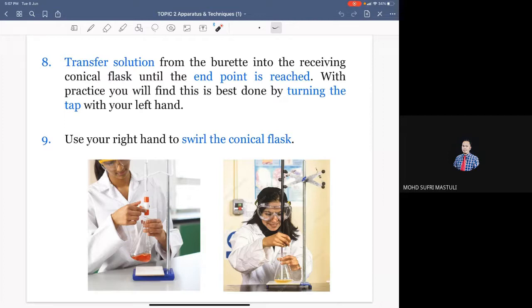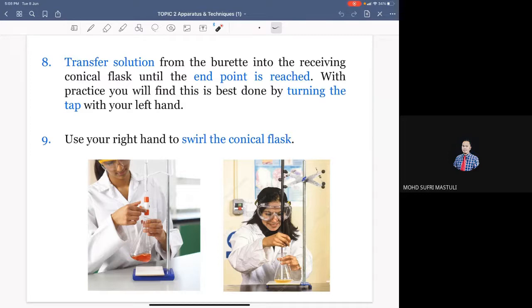We transfer the solution from the burette into the conical flask until the end point is reached. By practice, you should know what is best for turning the tap, either using your left hand or right hand. It depends on you.